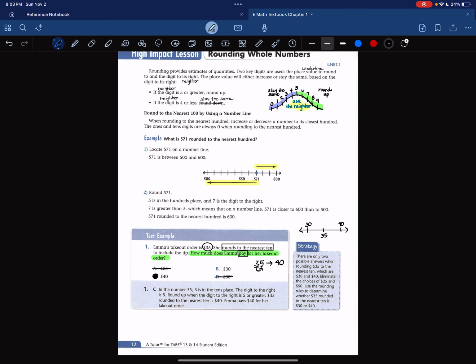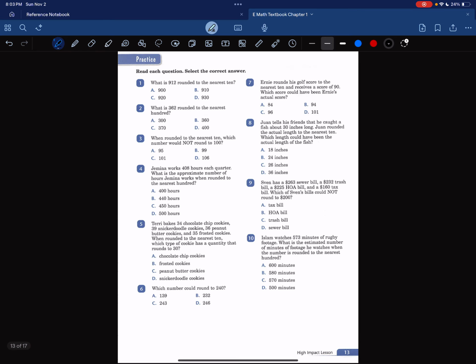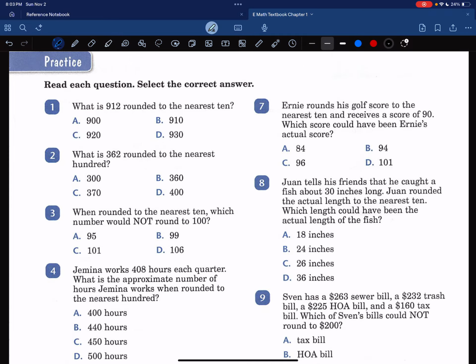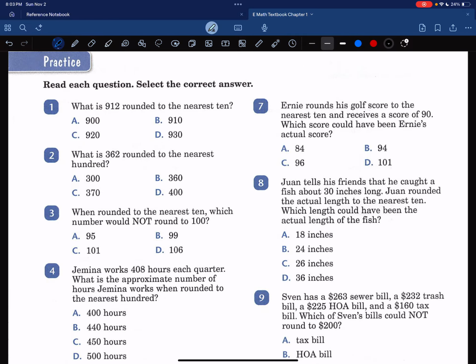Okay, let's practice on page 13. What is 910 rounded to the nearest 10? Now, you can use any strategy you want here. I'm just going to write it this way and ask myself what the neighbor says to do. The neighbor says stay the same.